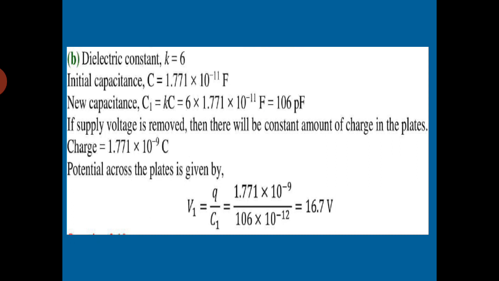Putting the values of Q and C1, you can calculate potential across the plates. It is 16.7 volts. Or you can say it decreases by K. If the initial potential is V, now it will be V by K.